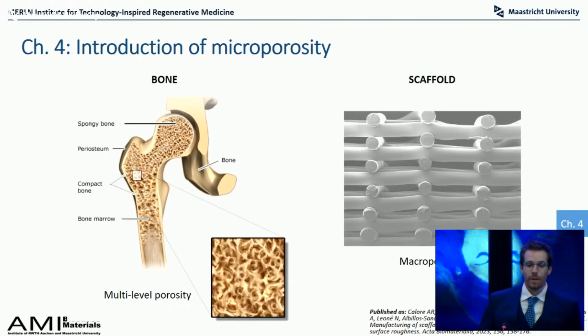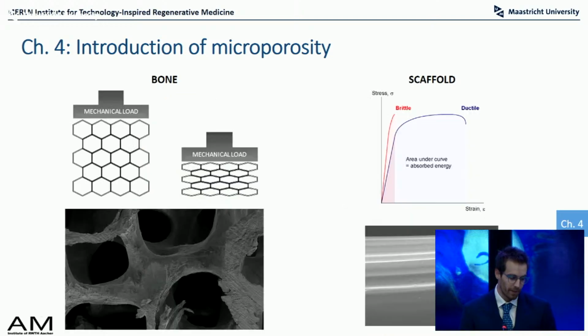We then moved on to chapter 4, and in this chapter we worked on making scaffolds more similar to the spongy area of bones, a zone that is characterized by the presence of multi-level porosity, where instead the usual scaffolds manufactured via 3D printing show only the so-called macroporosity, that is the porosity deriving from the deposition pattern. Why did we work on this topic?